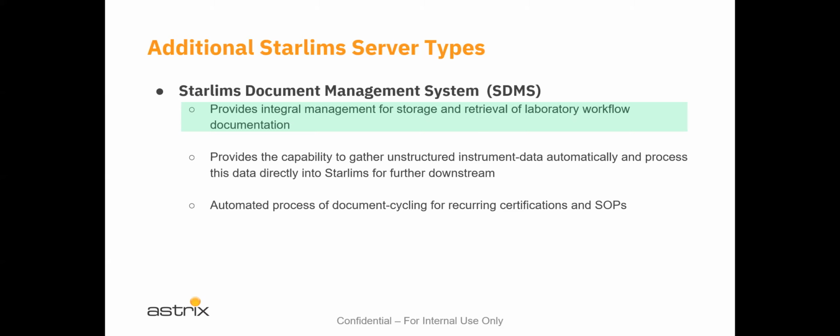They have a grabber worker process that goes out and constantly polls that shared folder for new documentation being presented by the instruments. And it knows how to read through a PDF with blocks and codes and sections and extract data from the actual PDFs and import that directly into the STARLIMS system. And then we also have an automated process of document cycling for recurring certifications and SOPs. We mentioned that previously.